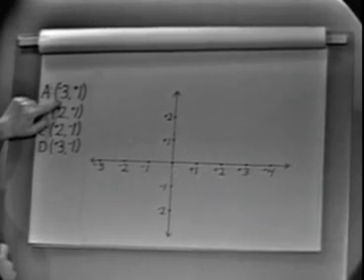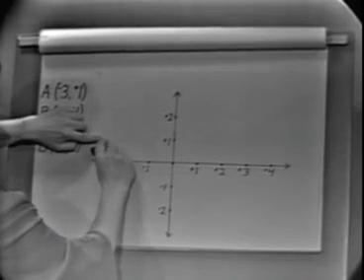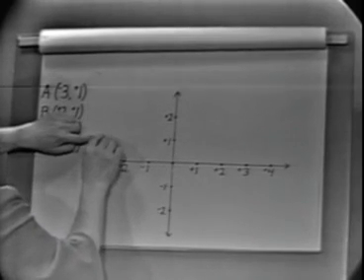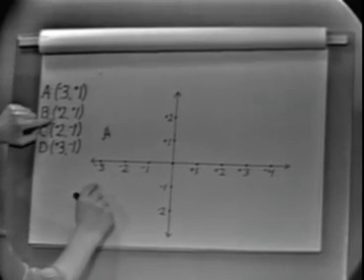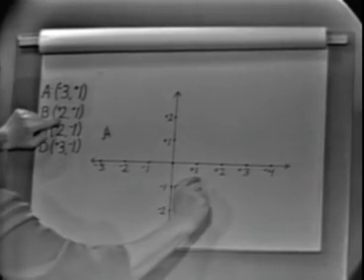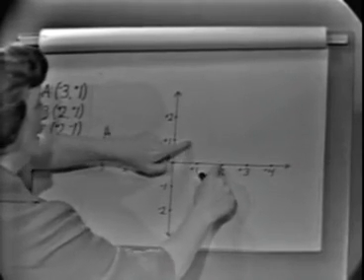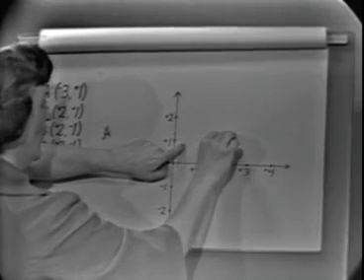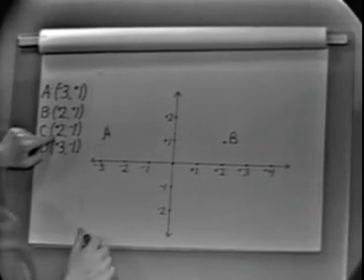A, negative 3, 1. Above negative 3, level with 1. B, a positive 2, positive 1. On a vertical through a positive 2, a horizontal through 1. C, positive 2, negative 1.